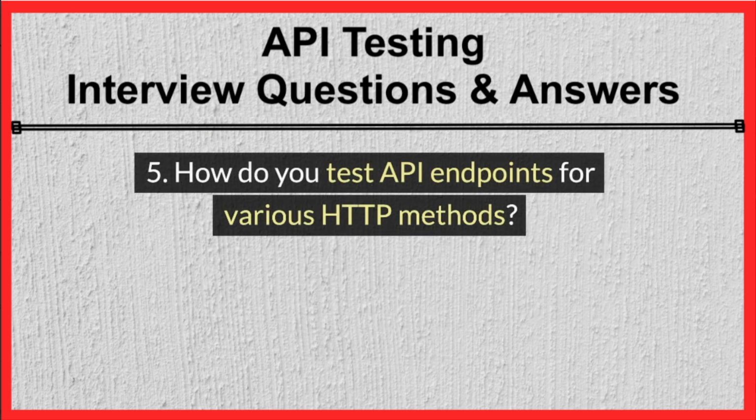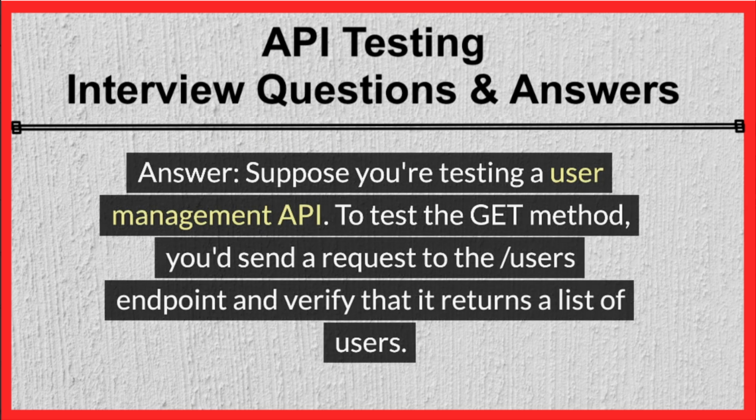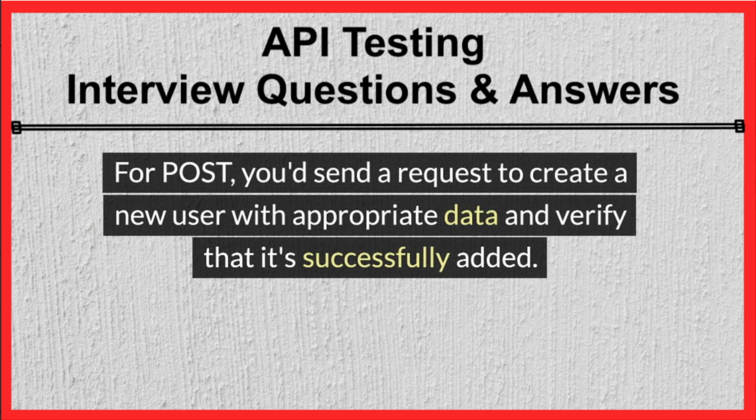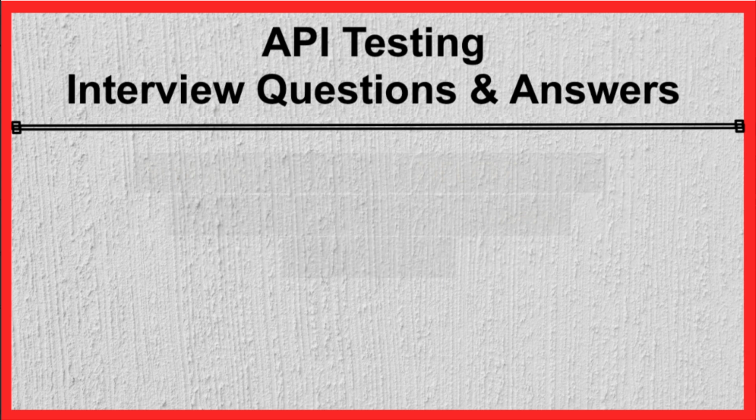5. How do you test API endpoints for various HTTP methods? Answer. Suppose you're testing a user management API. To test the GET method, you'd send a request to the /users endpoint and verify that it returns a list of users. For POST, you'd send a request to create a new user with appropriate data and verify that it's successfully added.